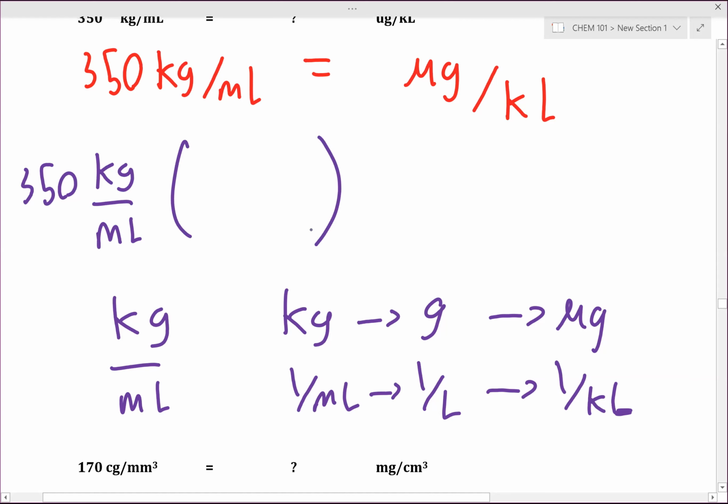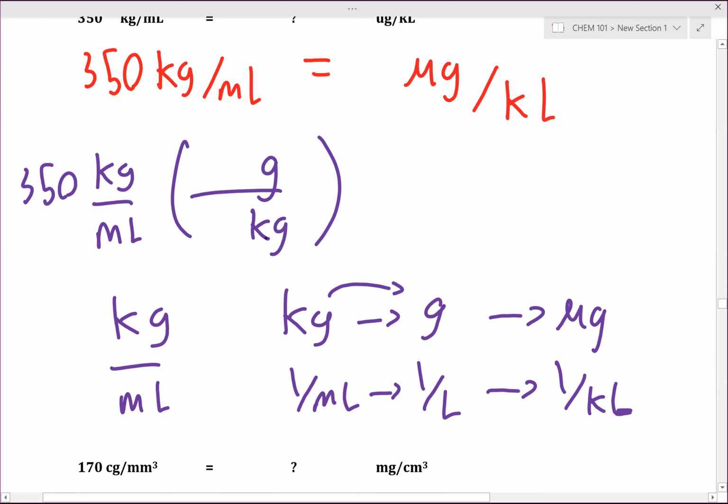And let's start with the top. What do we need to have on top in order to end up with units of grams on top? Grams, yep, so we need grams on top. And in order to cancel out these kilograms, what units need to be on the bottom? Kilograms, yep.